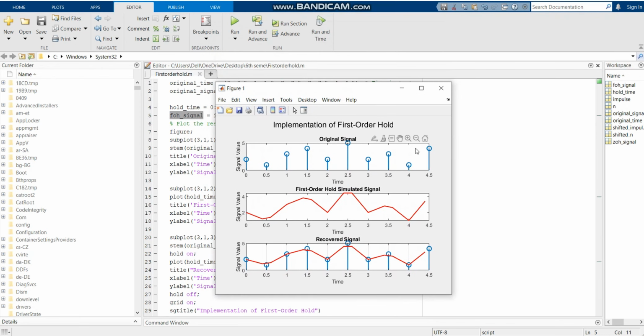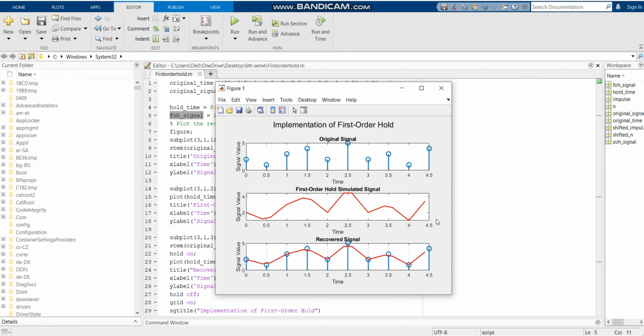This subplot displays the original signal. The blue stems represent the original signal's discrete values at specified time instants. The next subplot shows the first-order hold simulated signal. This illustrates the simulated signal using first-order hold interpolation.